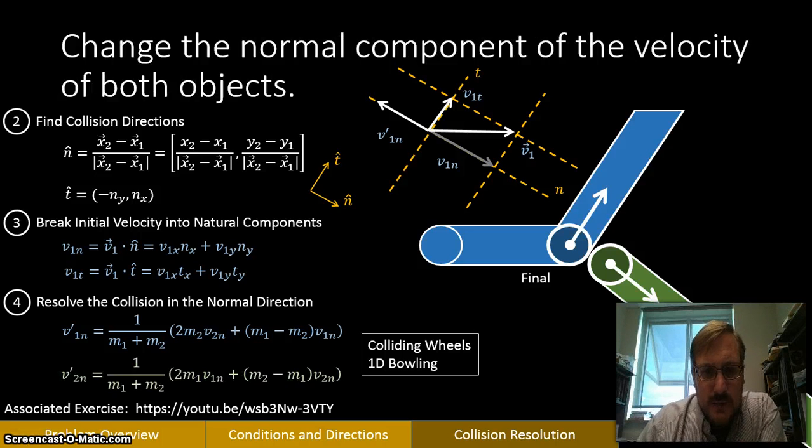And the same thing for the second ball. You need to do both, even if one of them was originally 0. And so everything is in that, right?